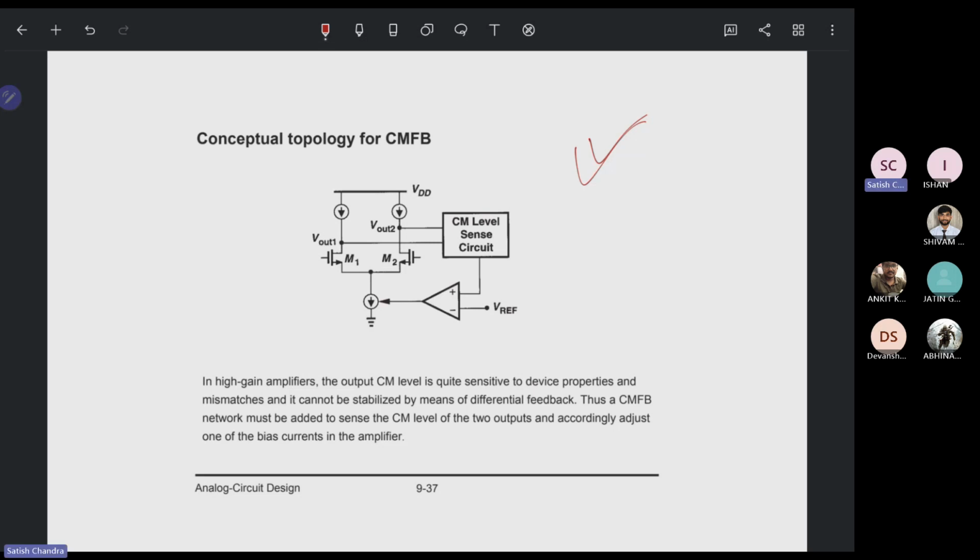We went through the one-stage op-amp and the two-stage op-amp, as well as the process parameters.